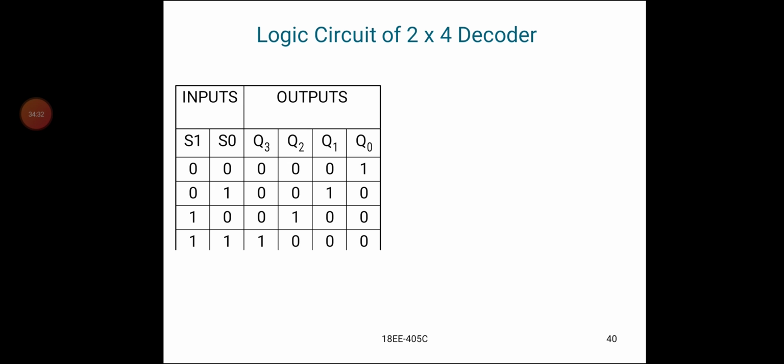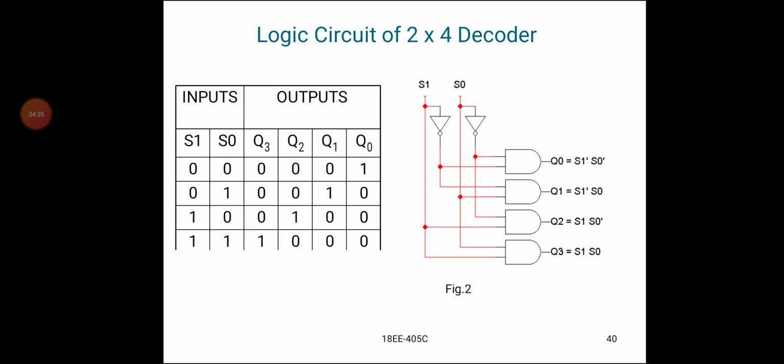Logic circuit of 2 to 4 decoder. So you require inputs S1 and S0, which are connected with inverters. We require 4 AND gates, with outputs Q0, Q1, Q2, Q3.